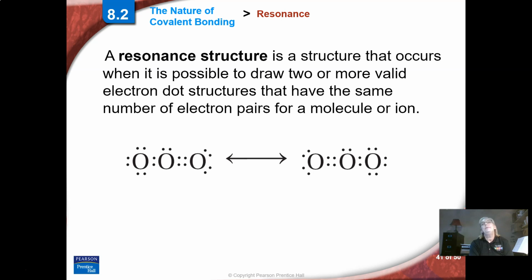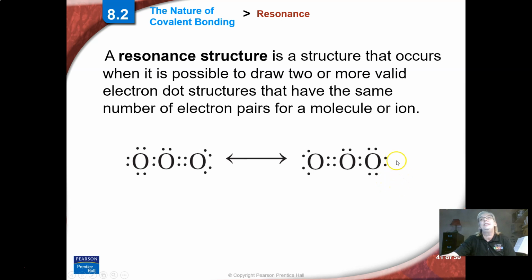So what happens is sometimes the electrons want to move from one place to another. And really, if we could show the cloud of electrons, it's actually equally shared between these 3 atoms of oxygen, and we can't show it with a Lewis dot structure. Lewis dot structures are limited in that way.